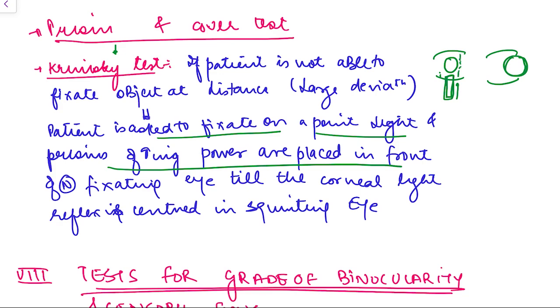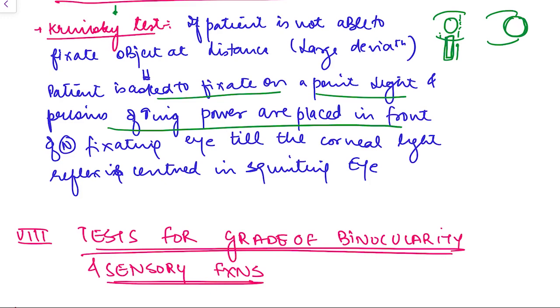After moving this, with one hand we'll shine the torch. Now we'll see that this eye will automatically come in this direction, because if we are placing prisms in front of the normal eye, as I've already told you about the visual axis, the axis between the two eyes will remain constant.